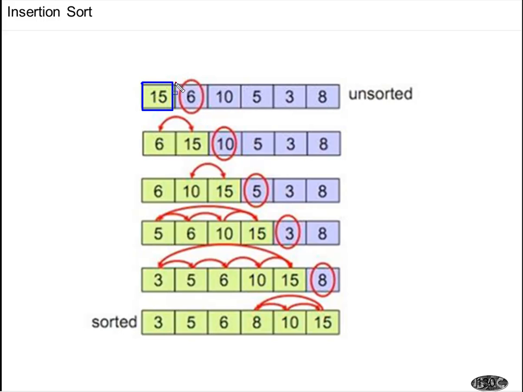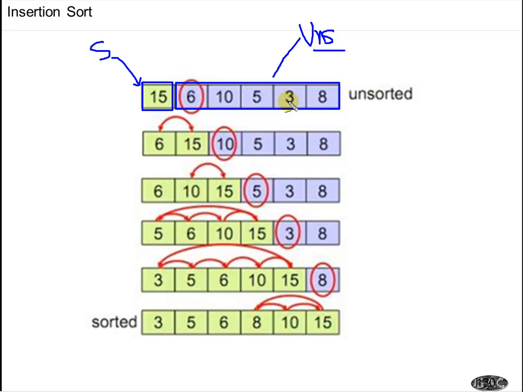So there is one array here and one array here. This is called sorted and this is called unsorted. Okay.